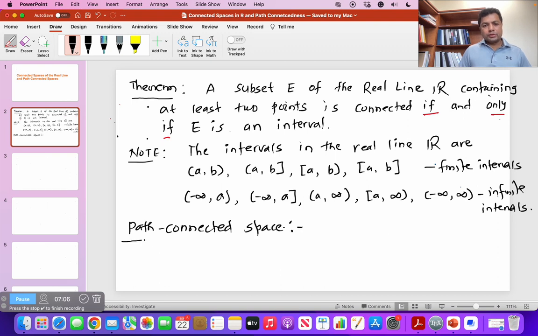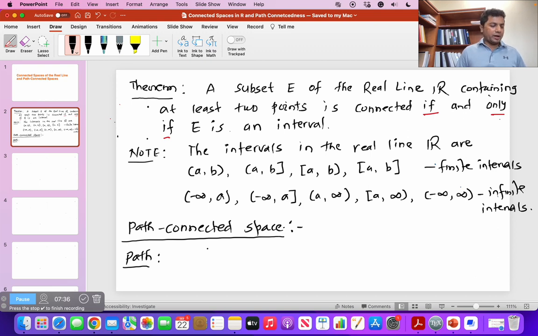To study path connected spaces, we are going to use a path. So let's define what a path is in a topological space. Let me first define a path in a topological space, and then I will give you an example and also explain this definition.